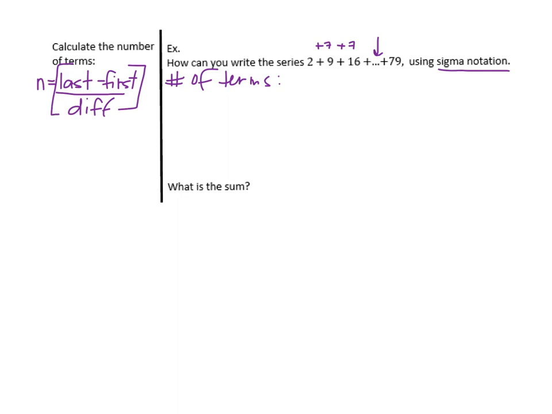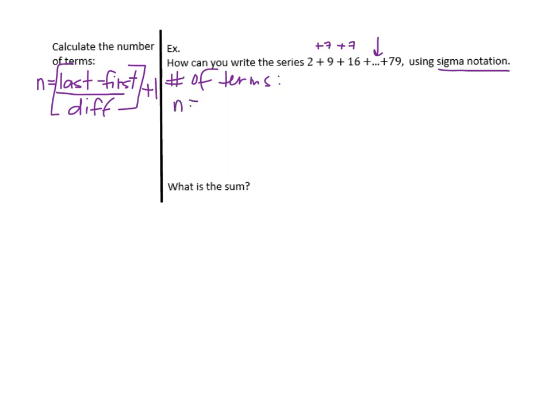And we kind of talked about that yesterday. But to account for the fact that the first term counts as 1, we have to add 1 to that answer. So again, we'll take the last term minus the first term, divided by the common difference between the terms, and then add 1 to that answer. That should give us our total. Let's put that to the test.